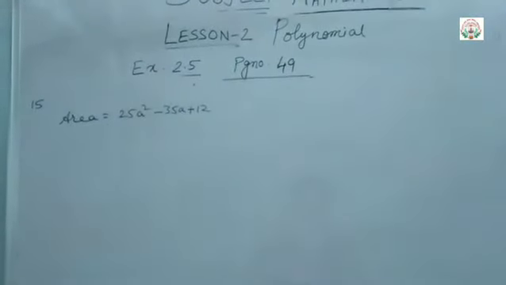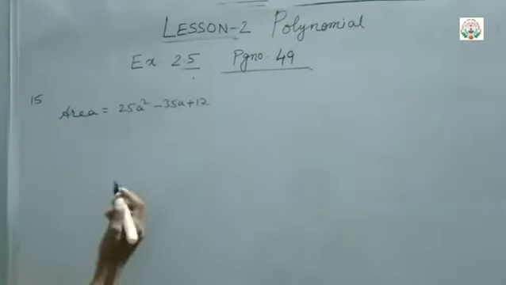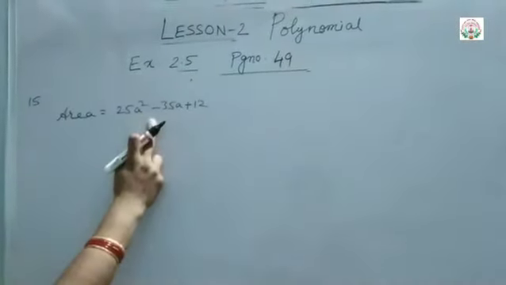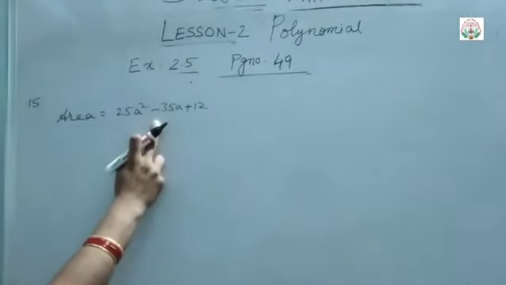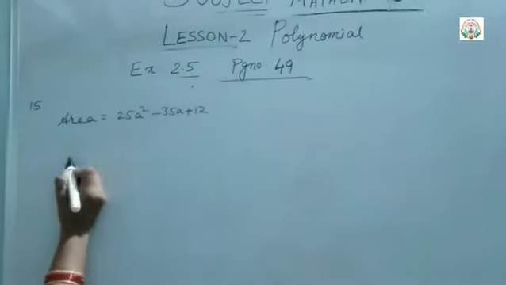We know that a rectangle's area is written as L into B, that is length into breadth. If I get the factors of this, means if I factorize this, I will get length and breadth. Clear? So factorize this first.